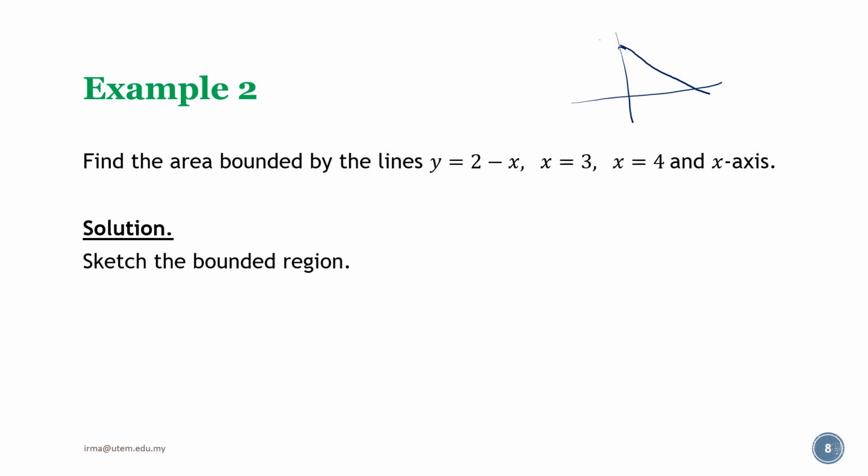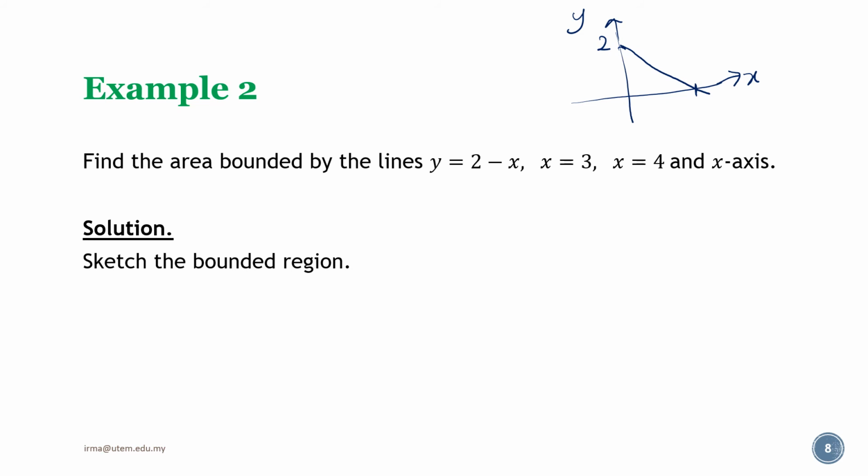So this is 1, this is 2. So this is our graph, 2 minus x. So what is the value of x here? How are you going to get the answer there?